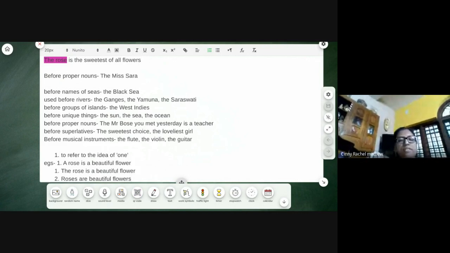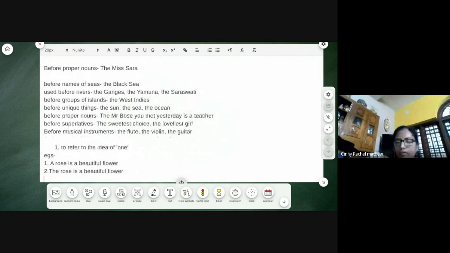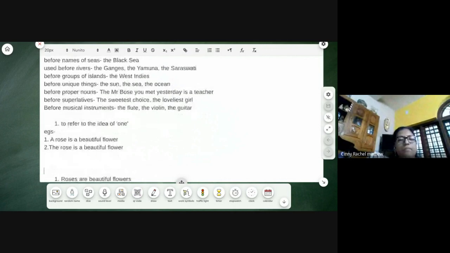Now, these three sentences: roses are beautiful flowers, a rose is a beautiful flower, the rose is a beautiful flower, and roses are beautiful flowers.